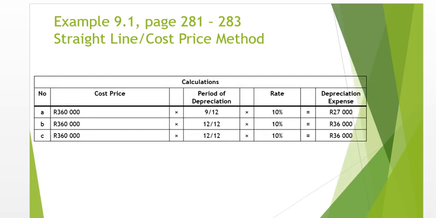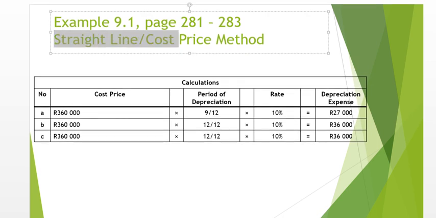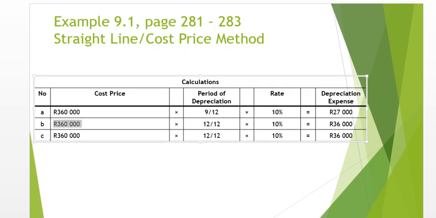So if we have a look at our calculation, we're using the straight line method. So on the straight line method, we just use our original cost price of 360,000 Rand, and that we're going to multiply by 12, divide by 12, and then multiply by 10%, our depreciation rate.